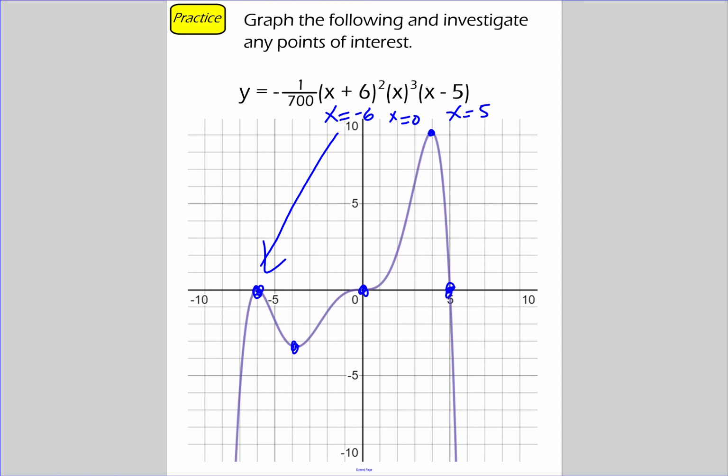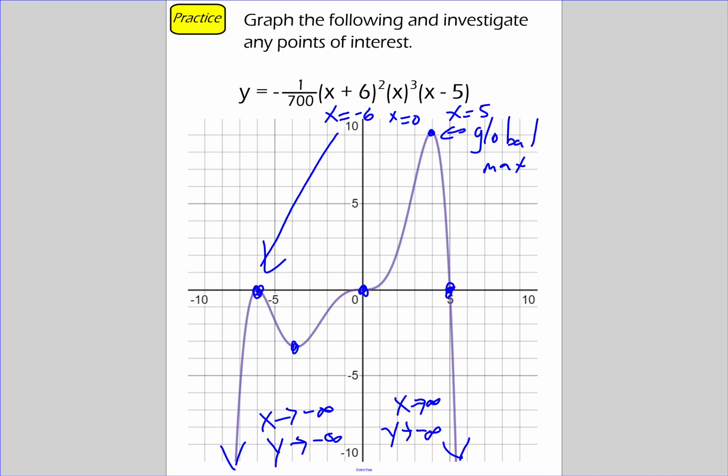In this case, this is a global max because it is the highest point of the graph overall. And similar to the last one, we can see that the graph is going in the same direction on the end behavior. As x goes to negative infinity, or as x goes to positive infinity, the y values are going down towards negative infinity.